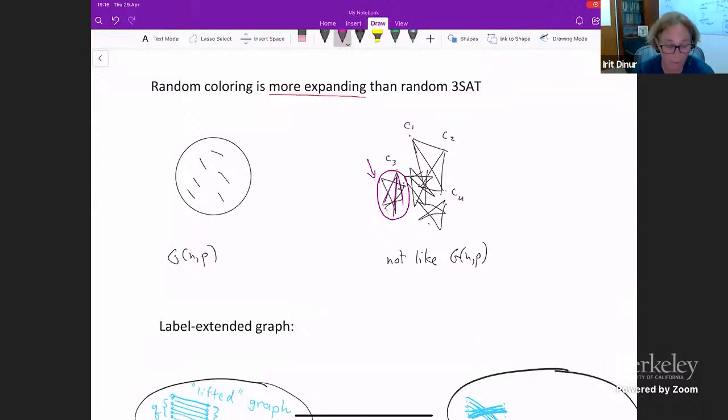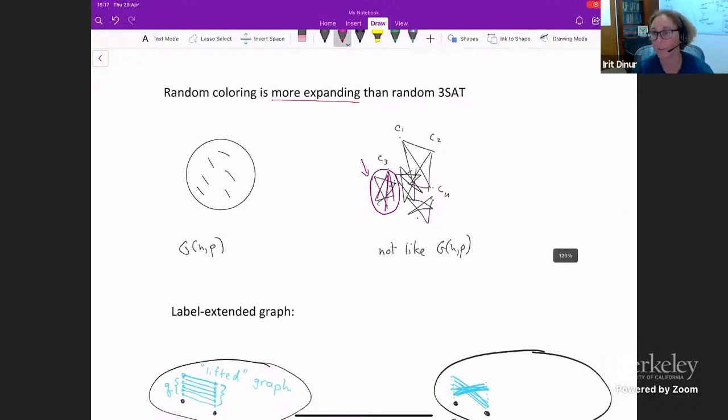And we know, we can actually prove rigorously, that random 3-SAT instances fool all of these SDP hierarchies. So if you're going to find an algorithm to do something non-trivial on random 3-SAT, you're going to have to step out of the SDP hierarchy framework.